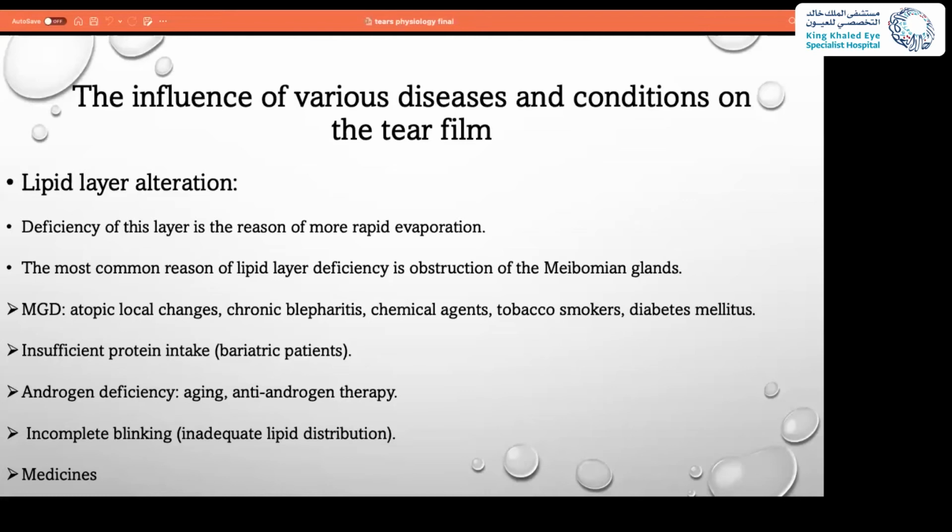Incomplete blinking is another reason for disturbed distribution of the lipid layer. Some medicines also contribute to lipid layer alterations, like isotretinoin, which decreases meibomian gland secretory function, as opposed to botulinum neurotoxin A injection, which seems to increase lipid layer thickness.